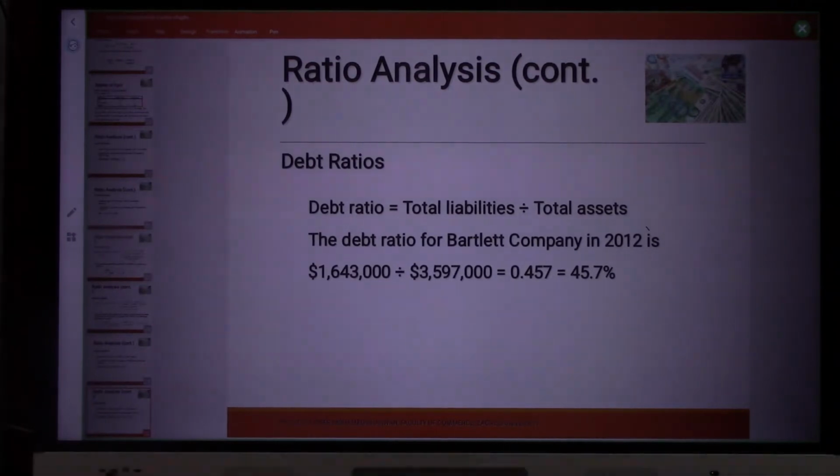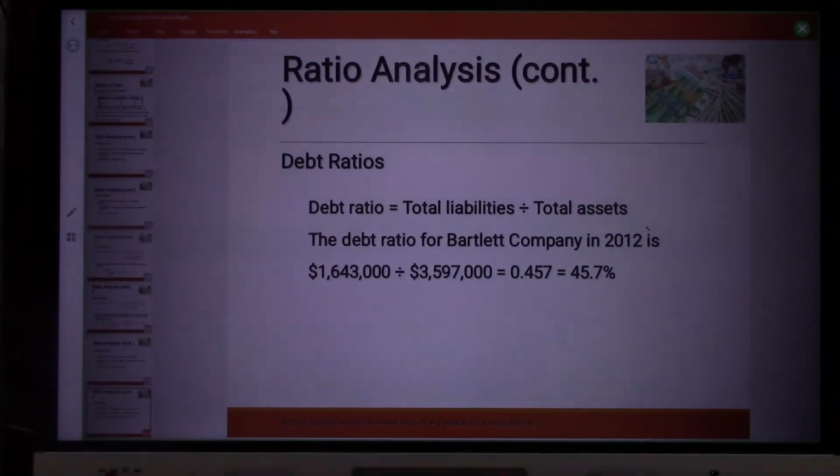The third type of financial analysis is called debt ratios. One of the very famous sub-ratios in this dimension is the debt ratio, which equals total liabilities divided by total assets.